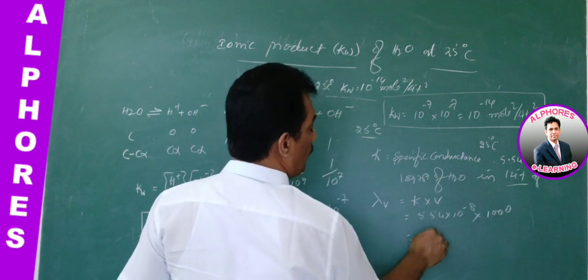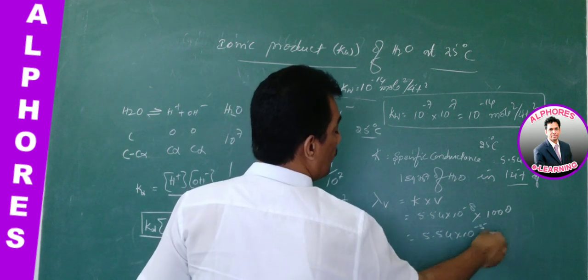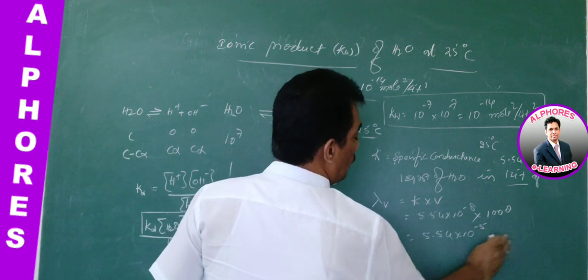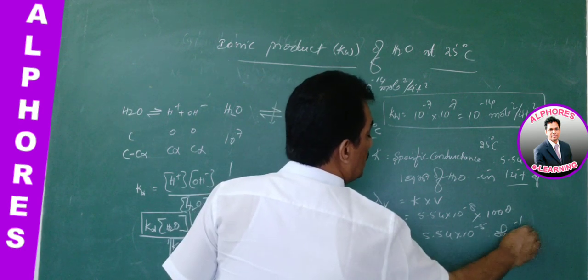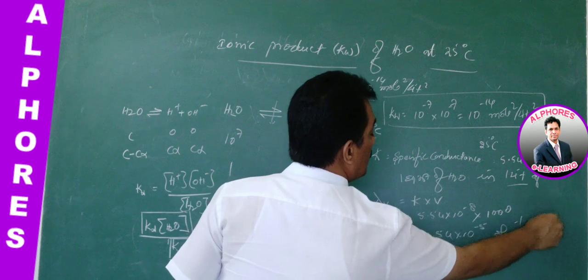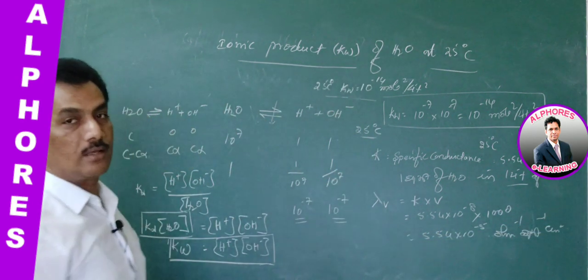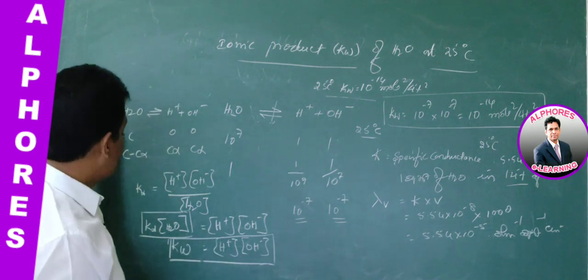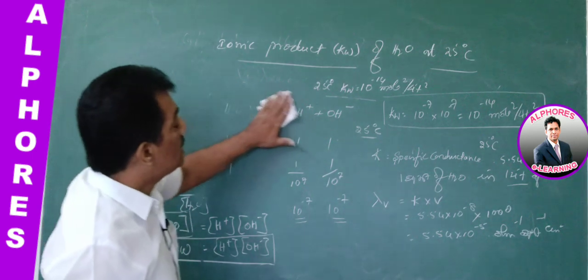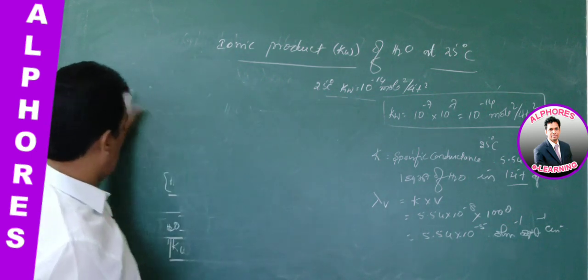That gives 5.54 into 10 to the power of minus 5 ohm inverse equivalent weight inverse centimeter square. Clear? Now from this we can measure the degree of dissociation alpha of water.